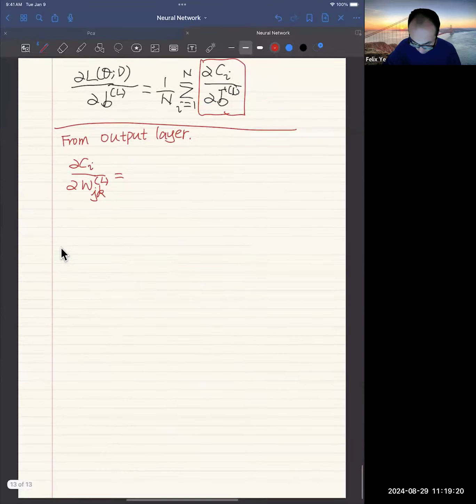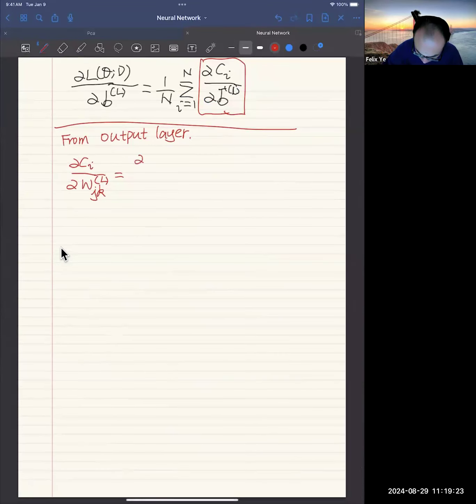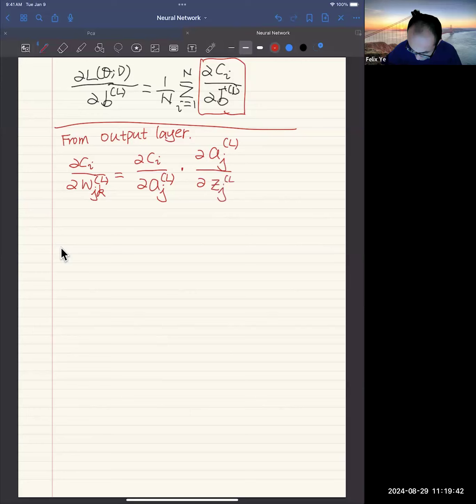So this is partial C_i, partial a_j^(L), then we take the chain rule: partial a_j^(L), partial z_j^(L), then partial z_j^(L), then partial W_jk^(L).